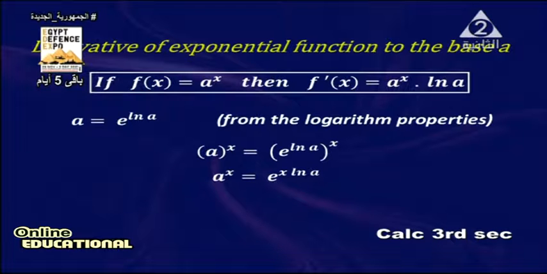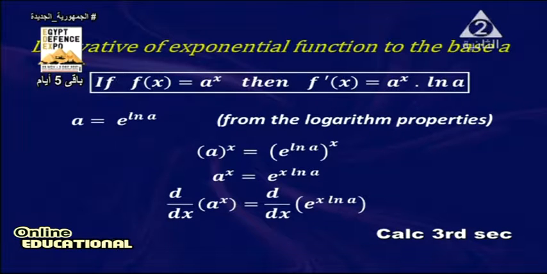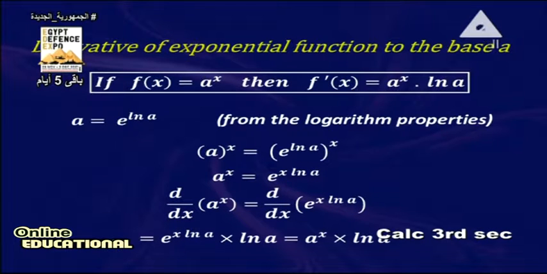The derivative of a to the power x with respect to x equals the derivative of e to the power x ln a. The derivative of e to the power x ln a equals e power x ln a multiplied by the derivative of the power. The derivative of x ln a equals ln a. Then the derivative of a power x with respect to x equals a to the power x multiplied by ln a.